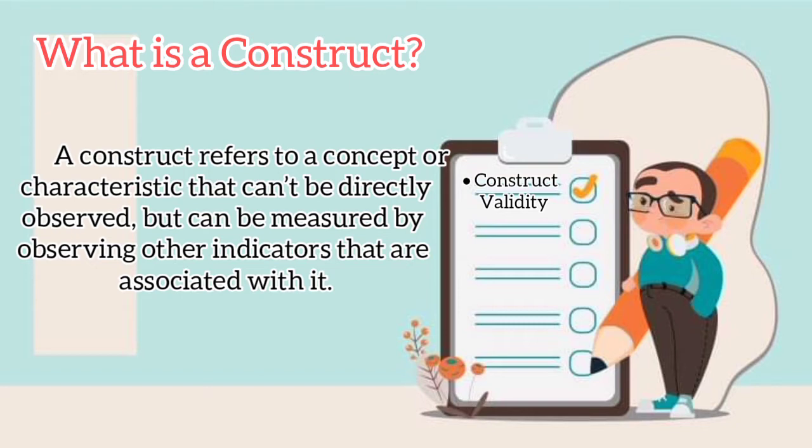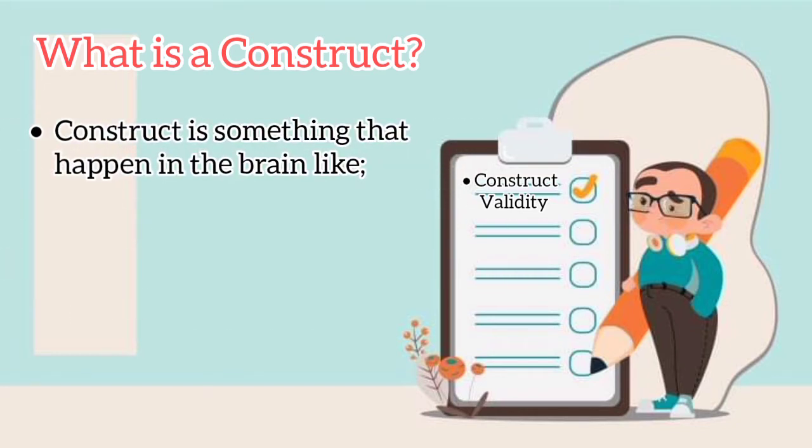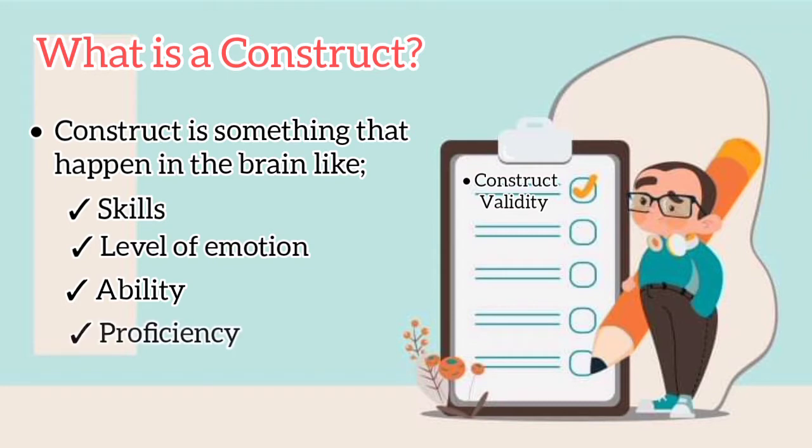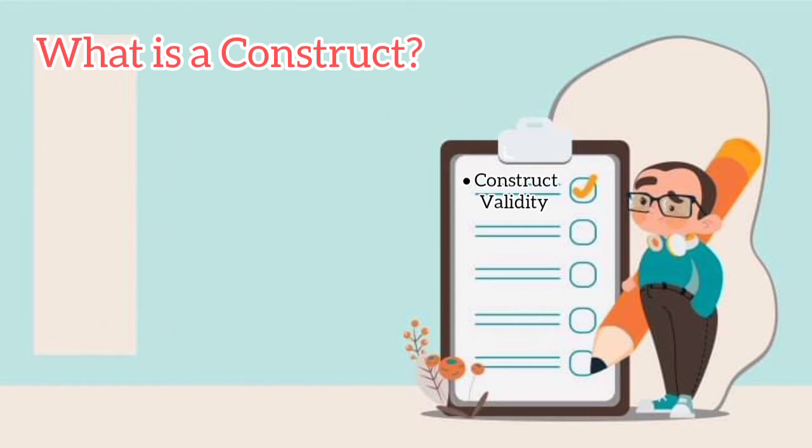So, when we're talking about a construct in relation to testing and construct validity, it has nothing to do with the way a test is designed or constructed. A construct is something that happens in the brain, like a skill, level of emotions, ability, or proficiency. For example, proficiency in any language is a construct because we can't directly observe it.